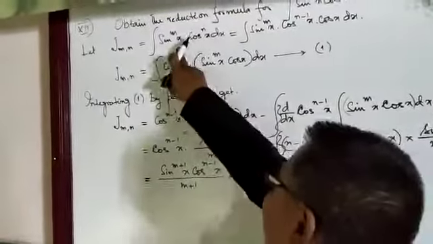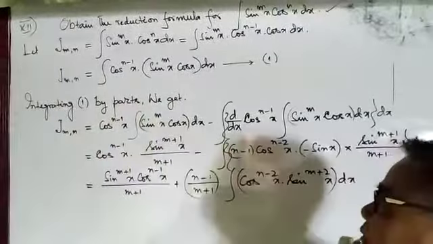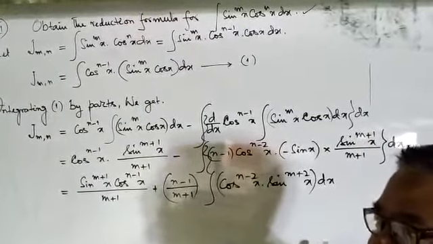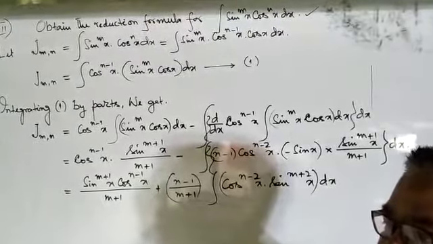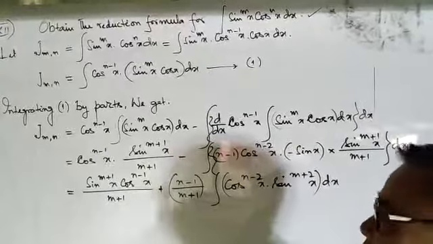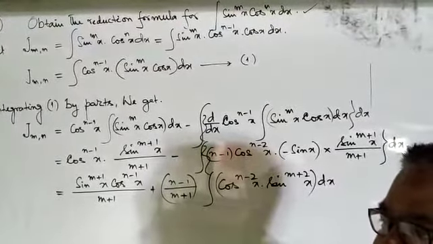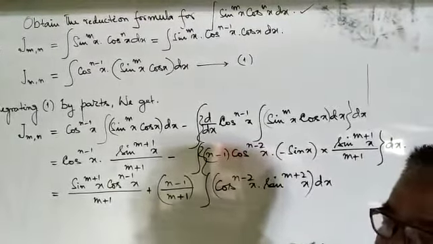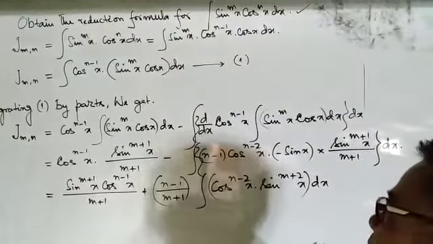If you integrate it, as you have earlier known about integration by parts, I pronounce once again: integration by parts of two functions in the form of a multiple, say u and v, is done as first function constant and second function integration, minus the integration of the differentiation of the first function and the integration of the second.